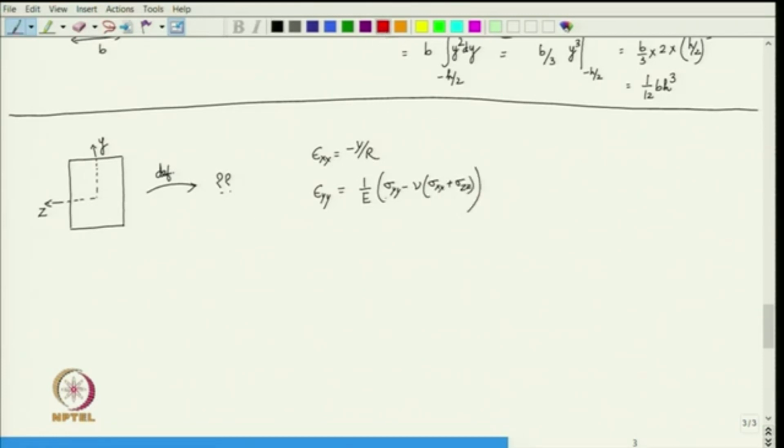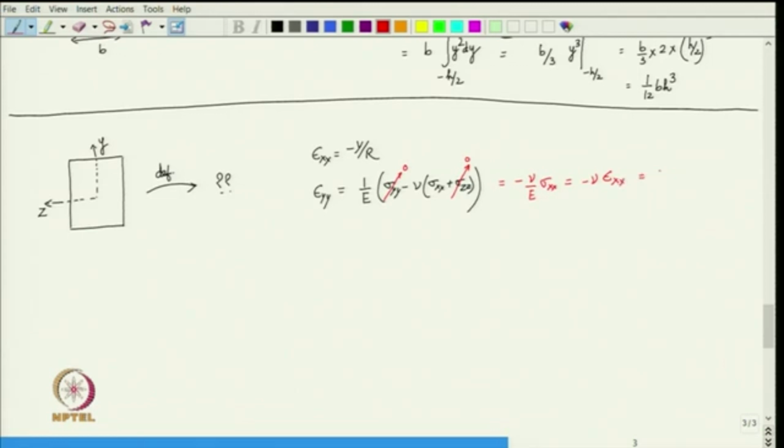But then we said that sigma y y and sigma z z are almost 0. So, this implies it becomes minus nu over E into sigma x x, which is also minus nu times epsilon x x, right.